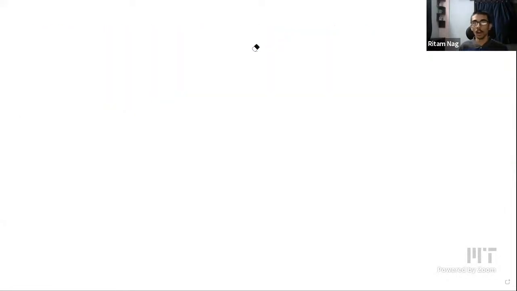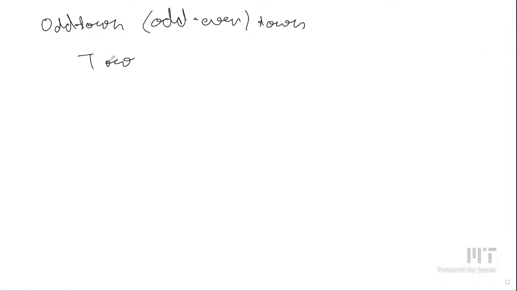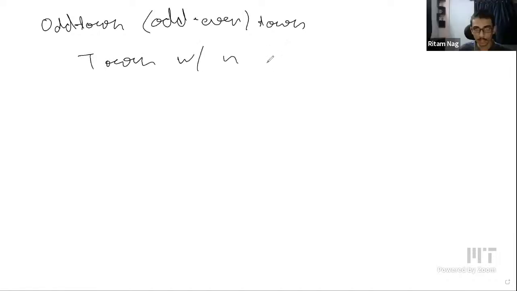So this problem is called odd town, or as some people call it, odd even town. There's a town with n people, and these people want to form m clubs.